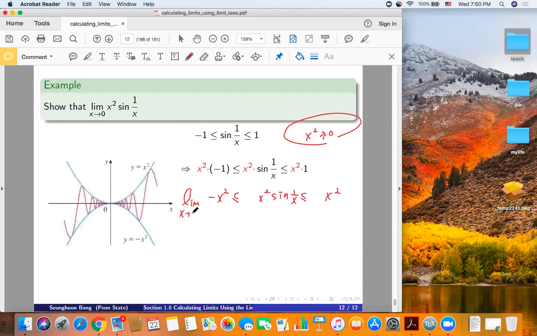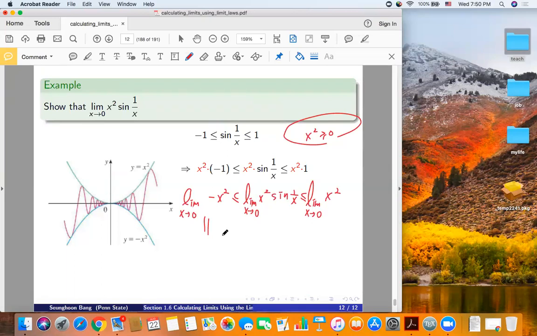The next, you can take the limit as x approaches 0. The inequality doesn't change. What is the limit of minus x squared as x approaches 0?